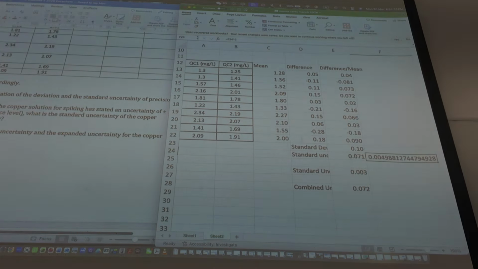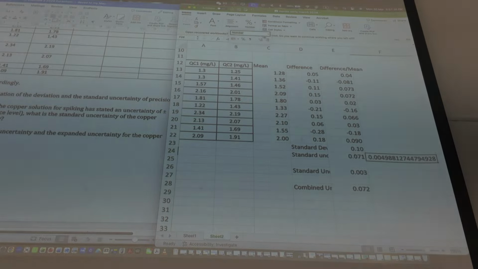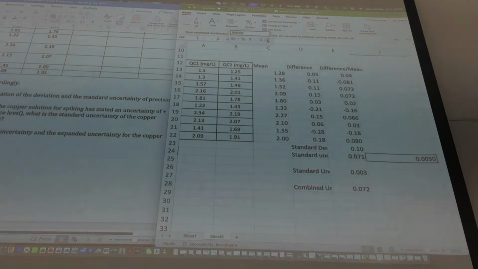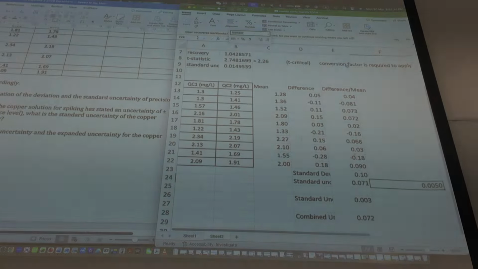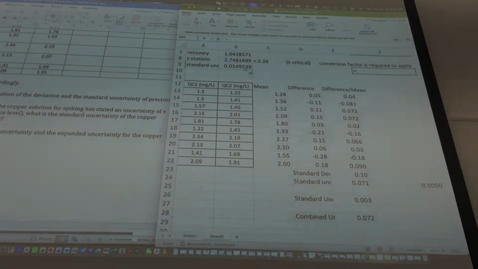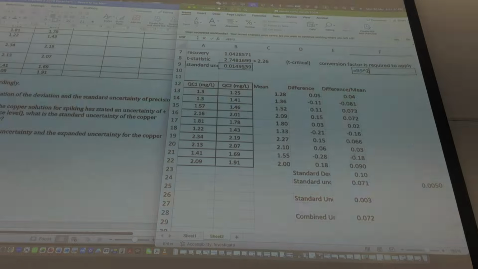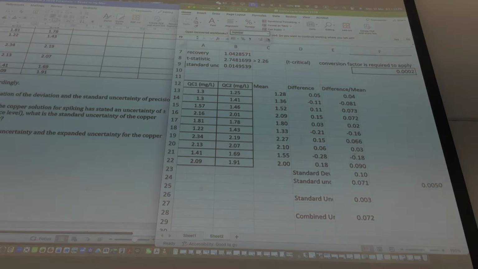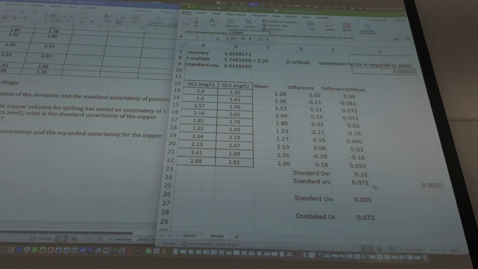Okay, after taking the square, you would have the standard uncertainty due to bias squared, and the standard uncertainty due to purity squared.